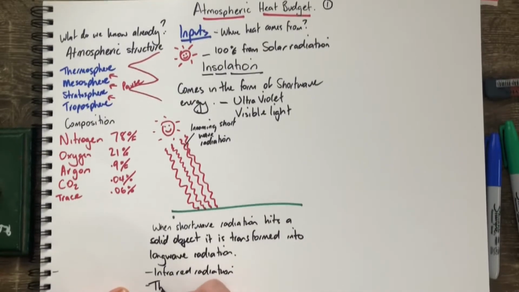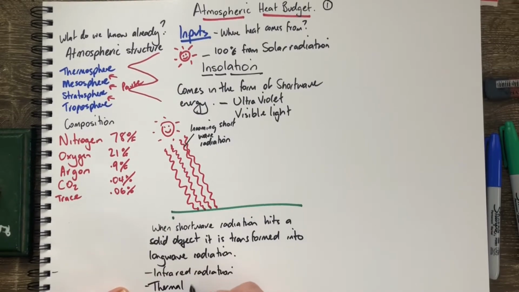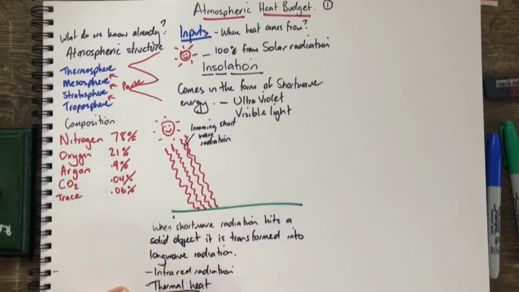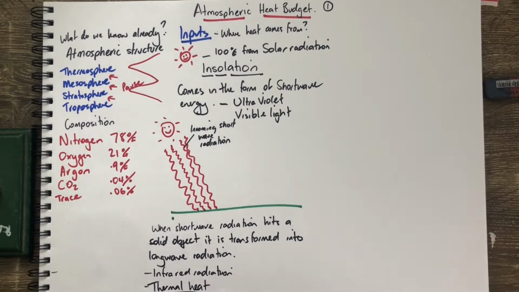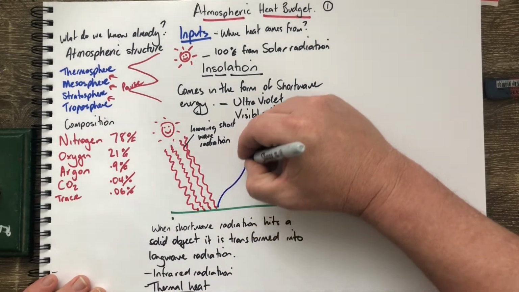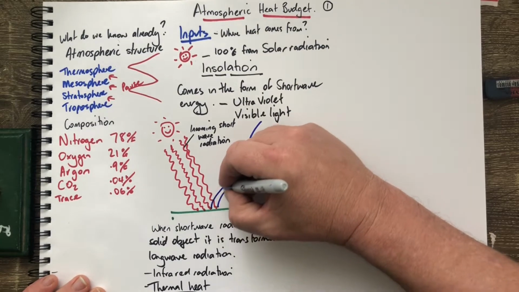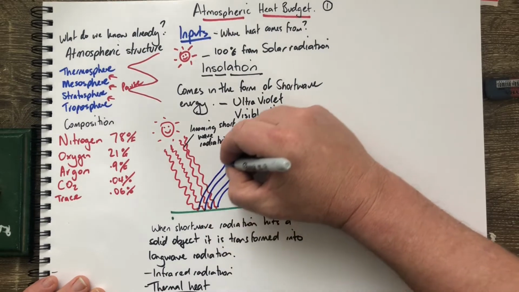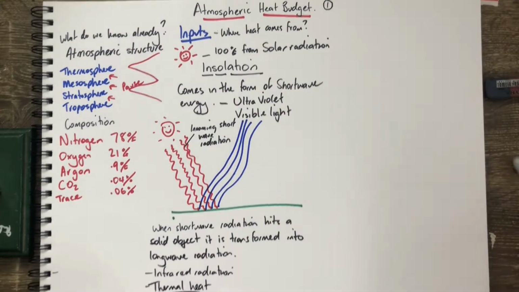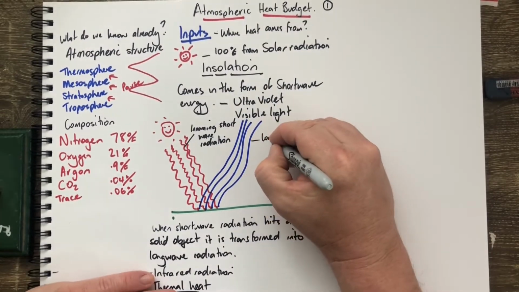Or thermal heat. And that's important, that last bit, that thermal heat. So solid objects transform shortwave radiation into long-wave radiation. So when these waves hit something solid, it transforms into heat energy, which is then radiated back from the surface. That's our long wave.